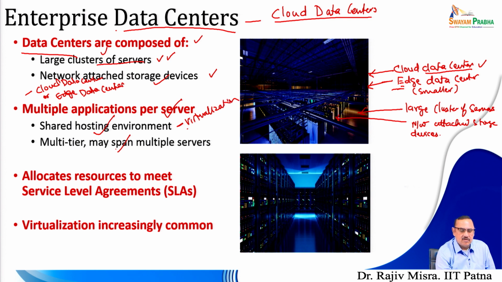This virtualization technology allows the sharing of server across virtual machines which are running different applications. So, therefore, multiple applications per server is a reality, and that is done with the help of virtual machines.